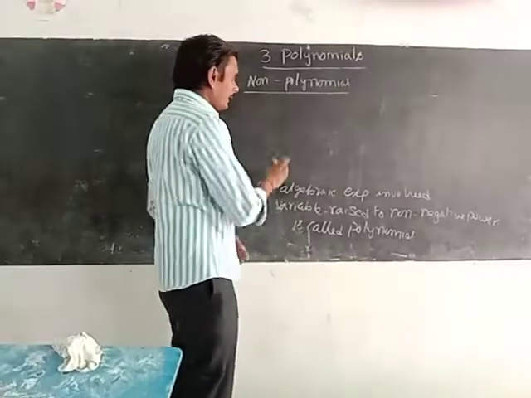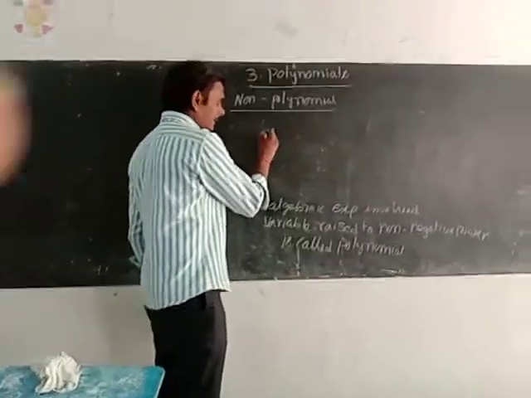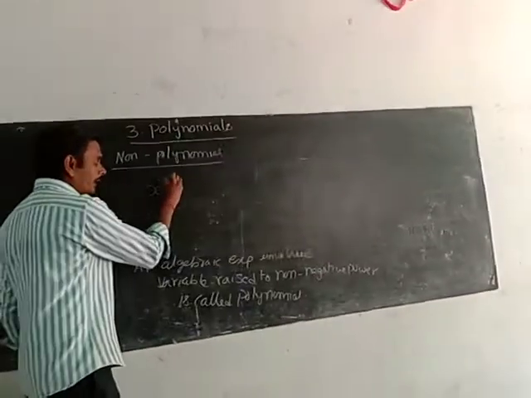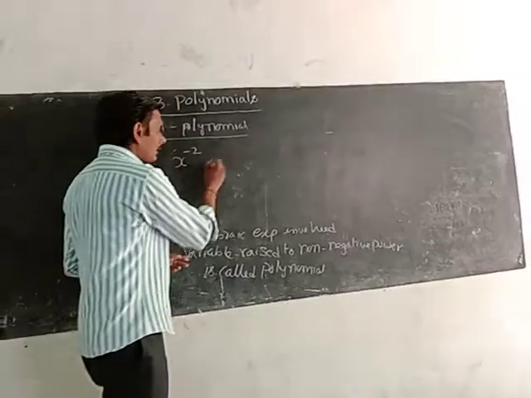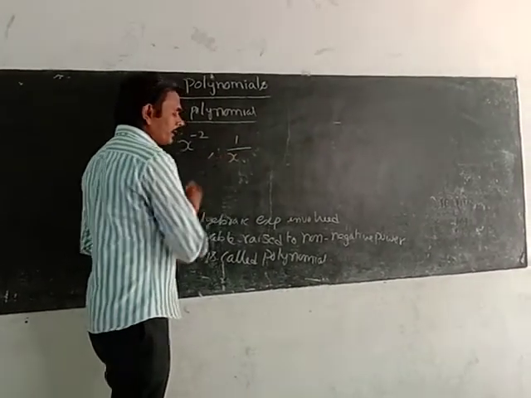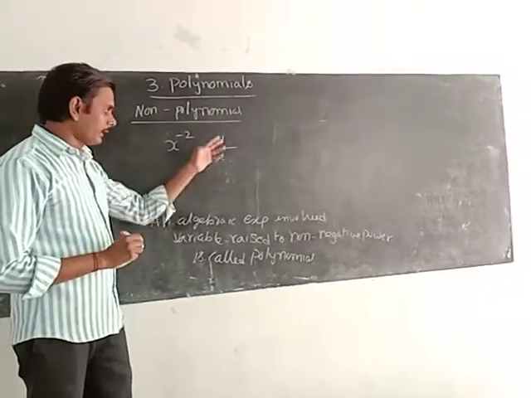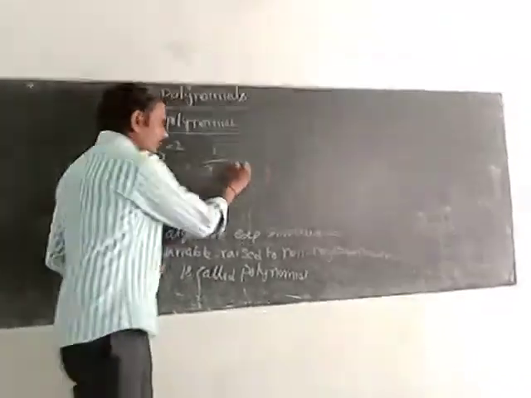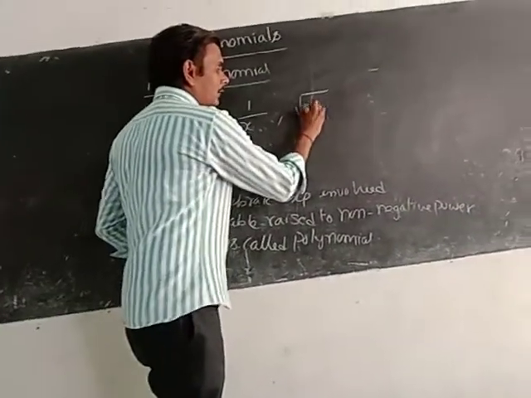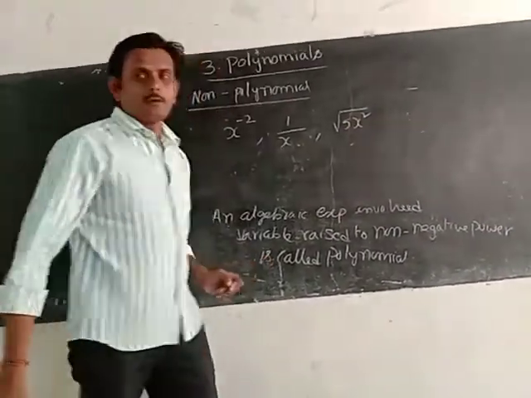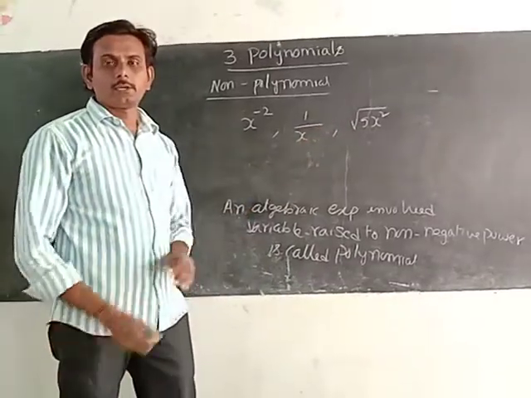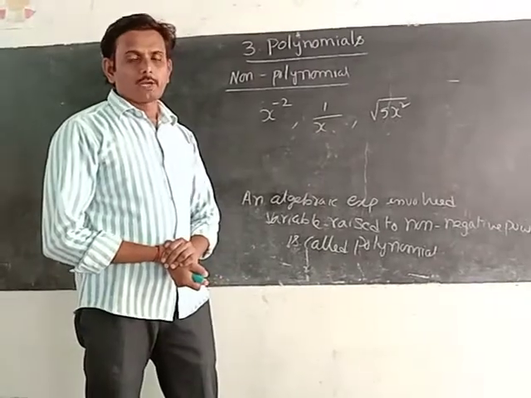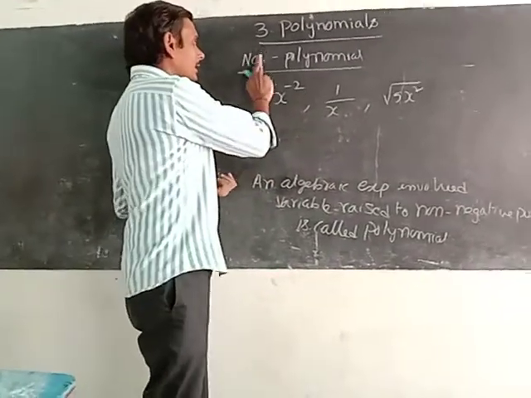Whenever you write an expression in which a variable is raised to a negative power, the denominator is negative when written in fraction form, or a variable is under a square root. In these three considerations, we can call it a non-polynomial, not a polynomial.